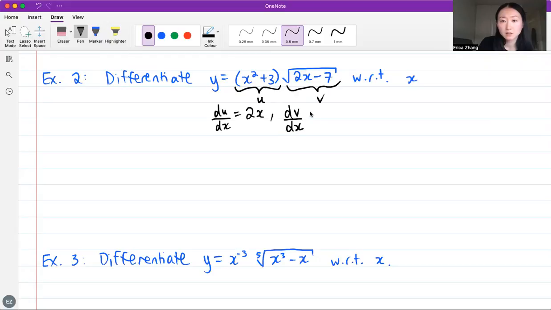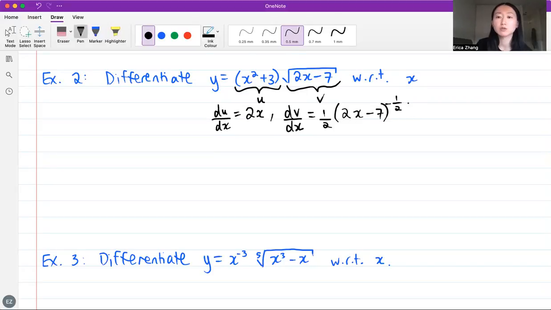dv dx, so square root symbol is the same as raising 2x minus 7 all to the power of a half. So using combination of the power rule and the chain rule, we take the 1/2 down and we raise whatever's inside this square root symbol all to the power of 1/2 minus 1, which is negative a half.